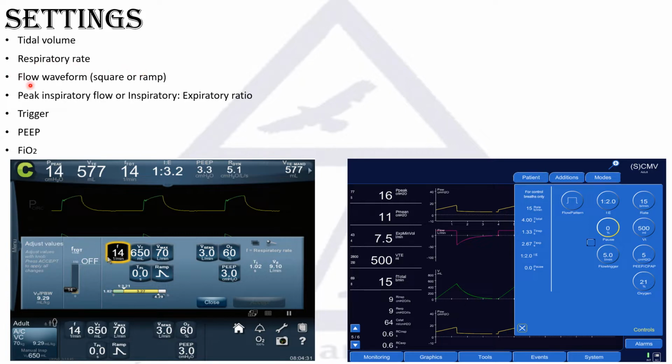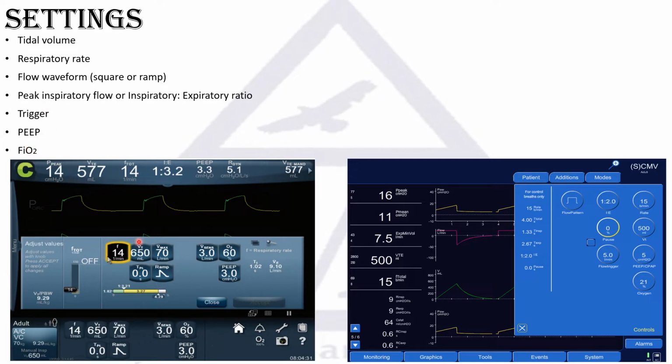Then the flow waveforms, and the most common ones are either the square or the ramp. I'll show this again in the video. Then the peak inspiratory flow: in some ventilators you have to pick the peak inspiratory flow, in other ventilators you pick the inspiratory to expiratory ratio. Then how the patient triggers the breath, and of course the PEEP and the FiO2.